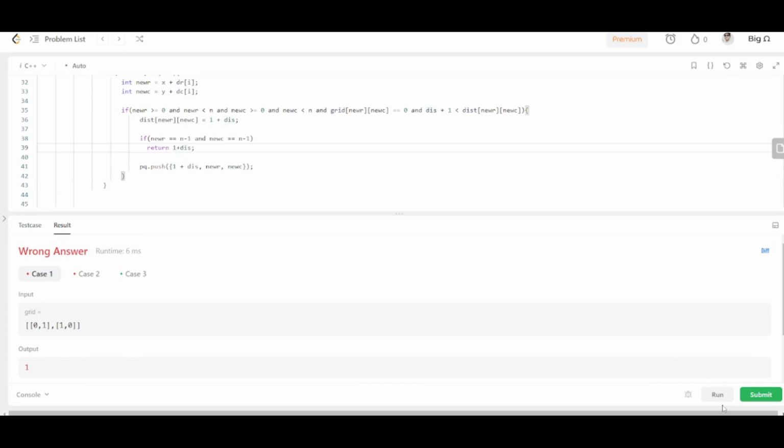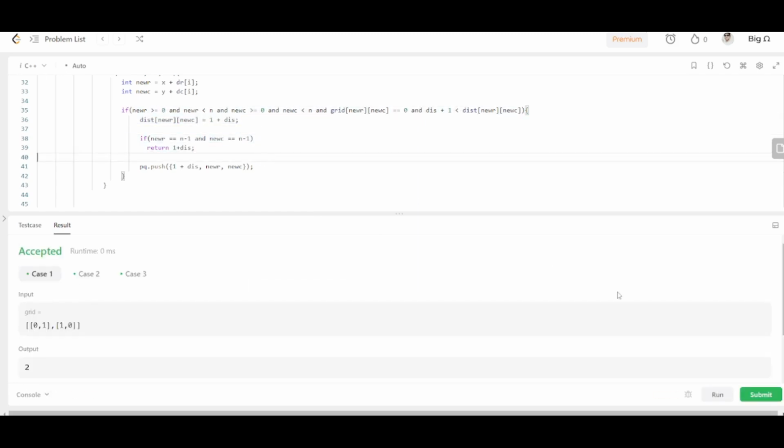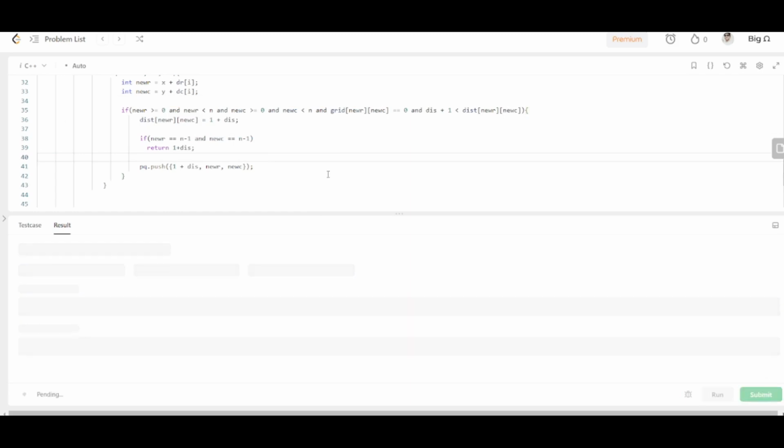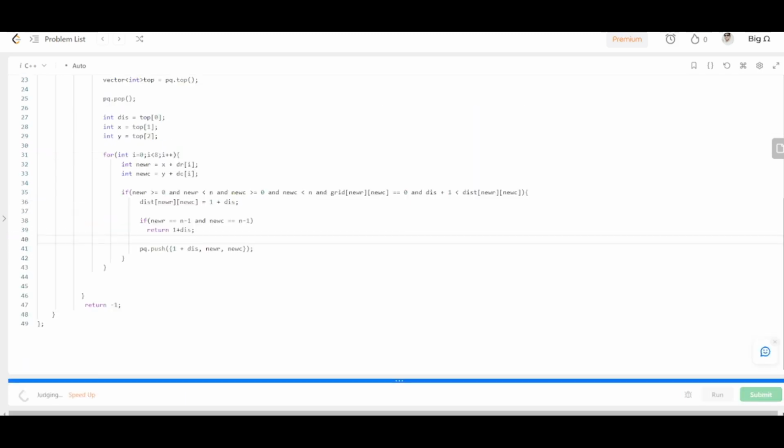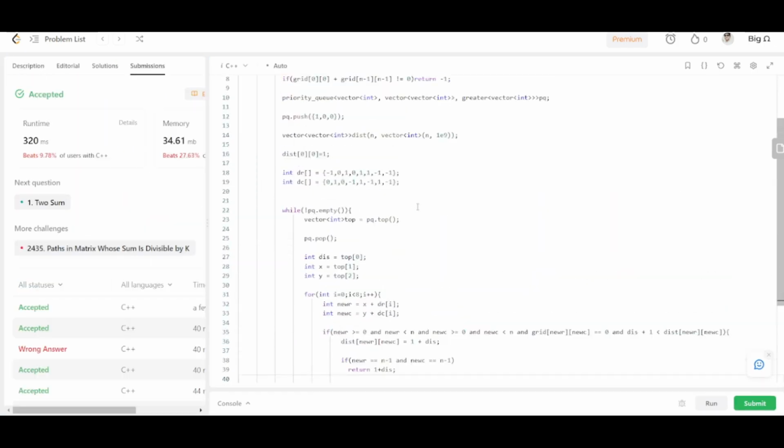Okay, let's see now. Yeah, it's working. Let's submit it. Okay, it got accepted. So that's all we have to do in this problem.